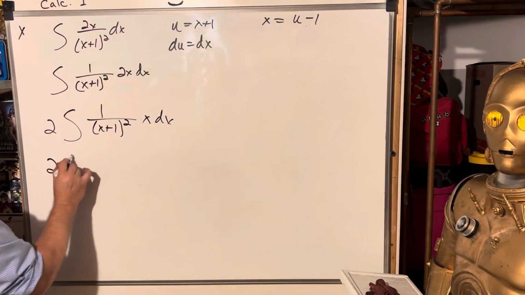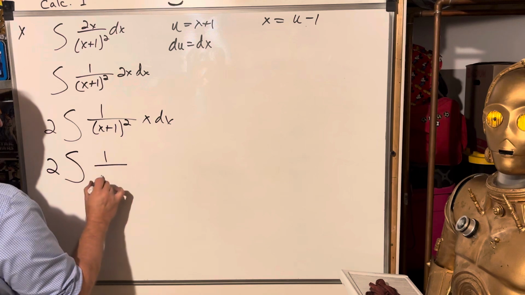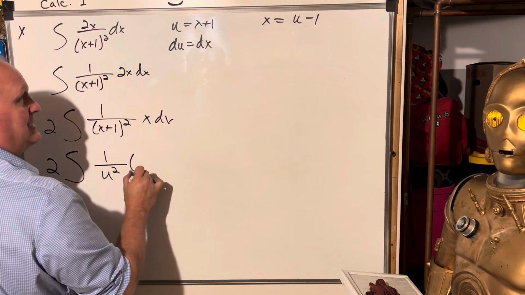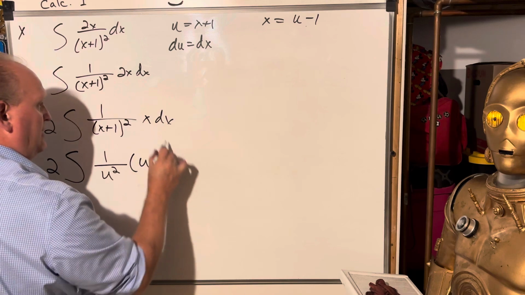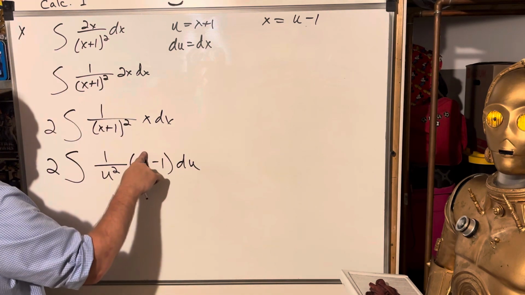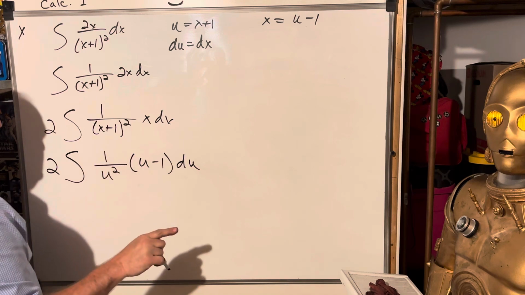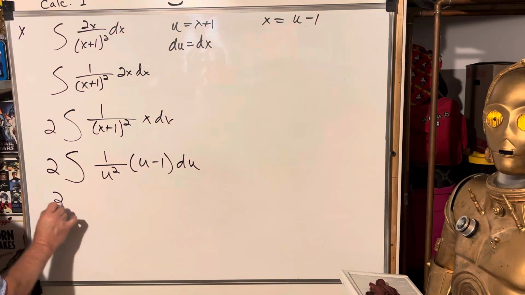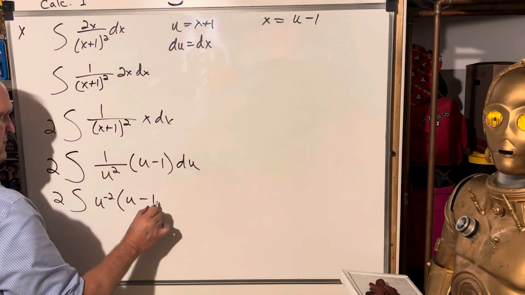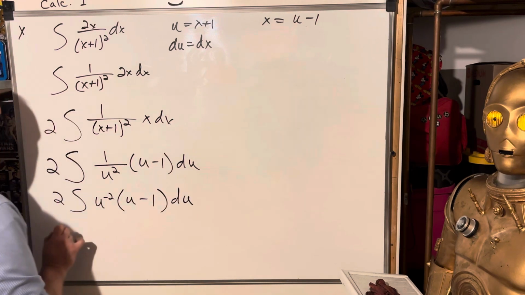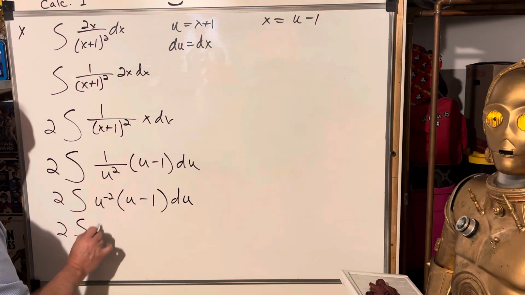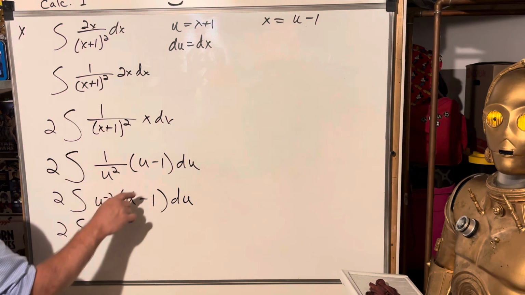So this is what I have. The integral of 1 over u squared. x is u minus 1, and then dx is du. So I replace that, I replace that, I replace that. I'm all u's now. Let's call that u to the negative 2, times u minus 1, du. 2, and then let's do the distributive. So we're still simplifying. Remember, like bases add terms.